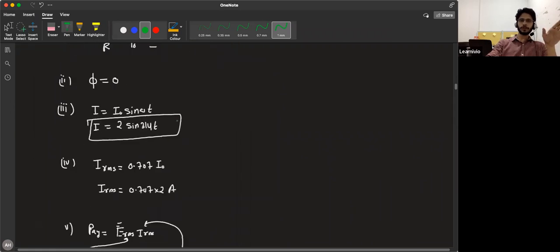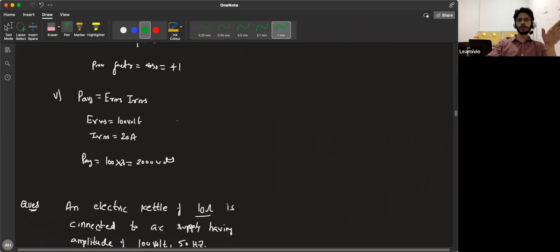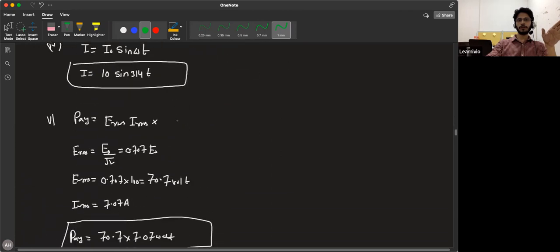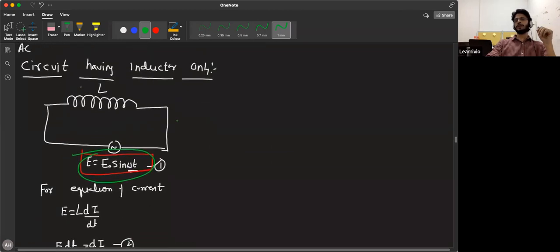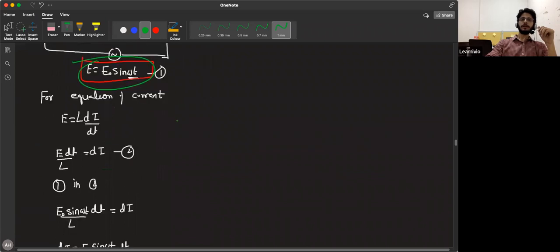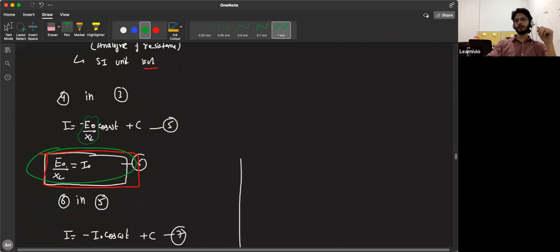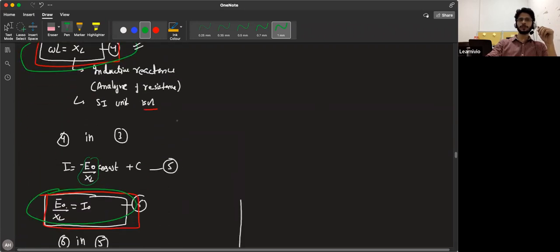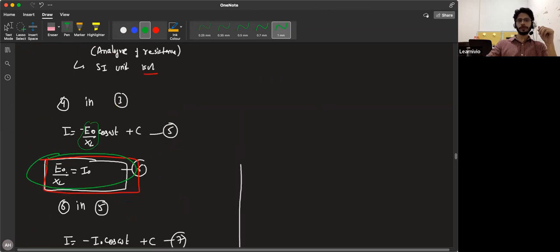Power factor is 1. Then after resistor, we did inductor. In inductor, current and EMF are not in the same phase. The peak value of current here is E naught by XL. In resistor it was E naught by R, but now it's E naught divided by XL. XL is inductive reactance.